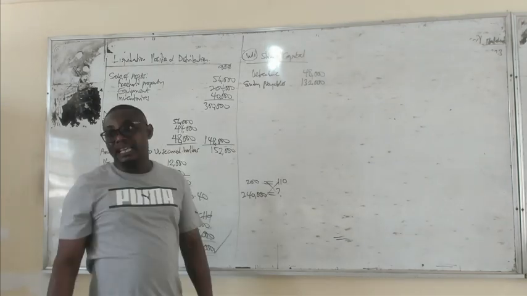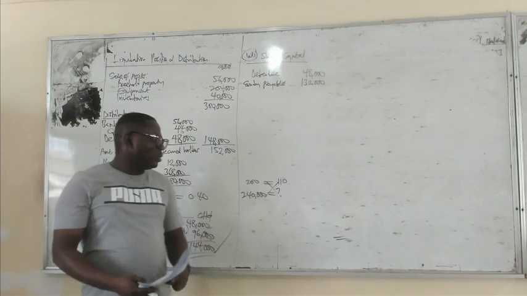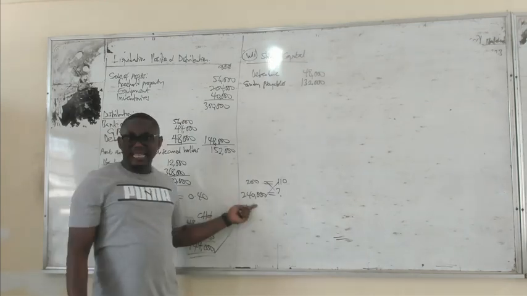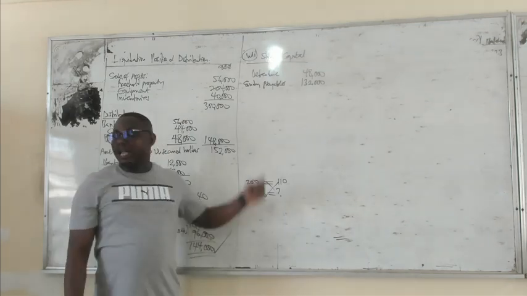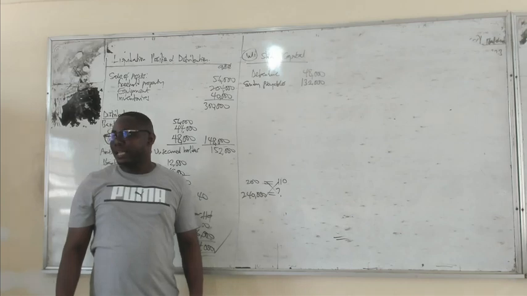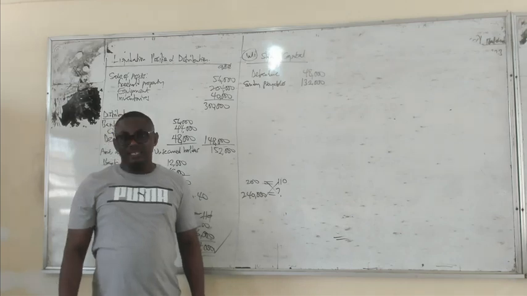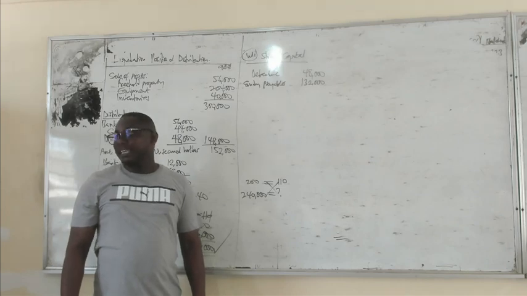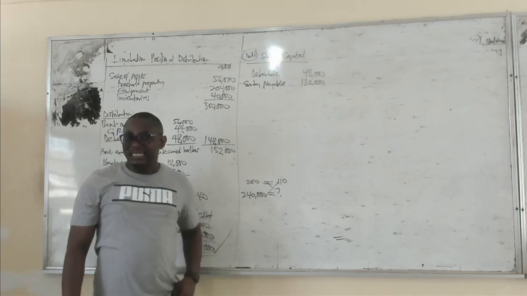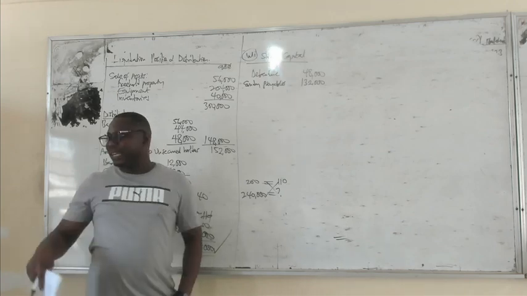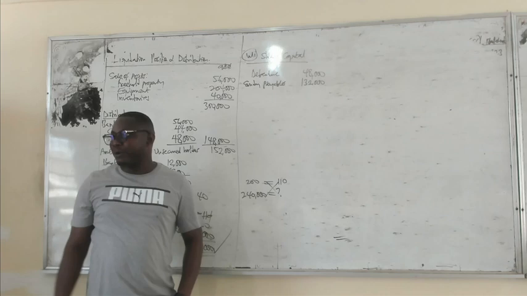Now, what was the old amount? 240,000. And we have converted it to 132,000. So there will be a balance. So what will be the balance? The balance will be 108,000. So that balance of 108, we are saying, go and write it off against the equipment.